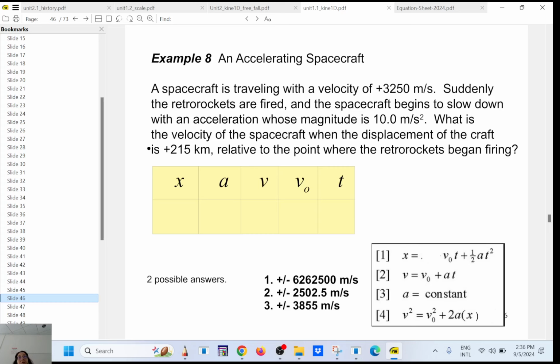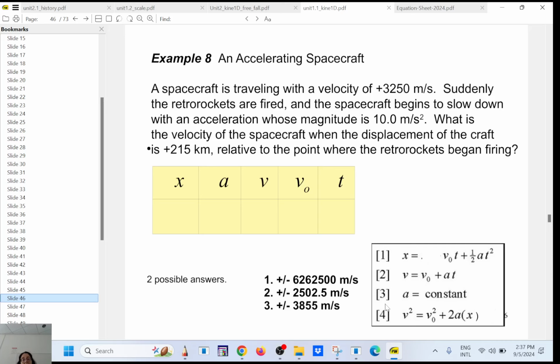So a vector has a magnitude, a unit, and a direction. So if the spacecraft is moving to the right, but it's slowing down, the acceleration will be negative, right? So if it's slowing down, acceleration and velocity have opposite directions.